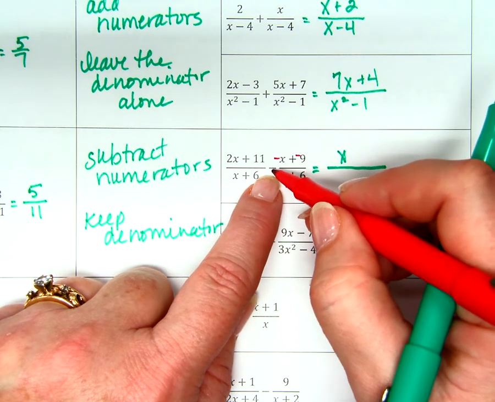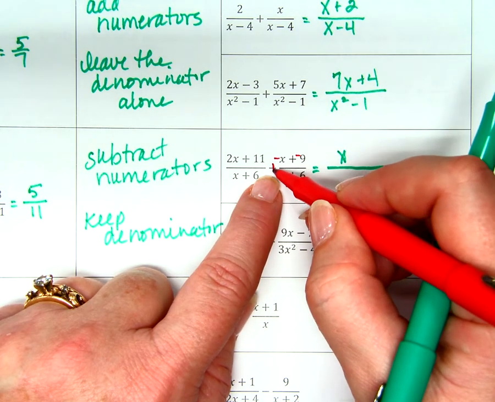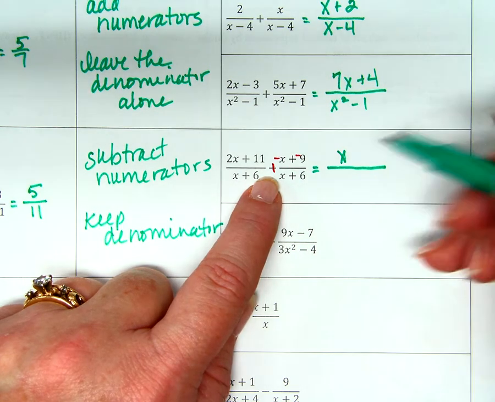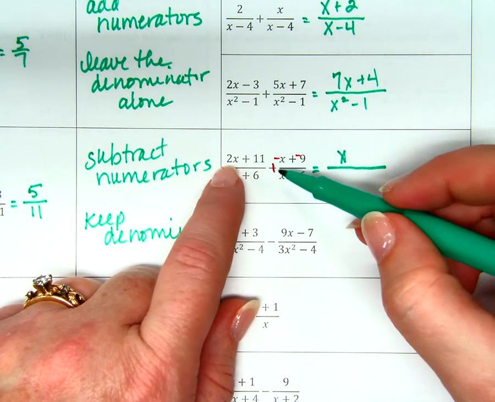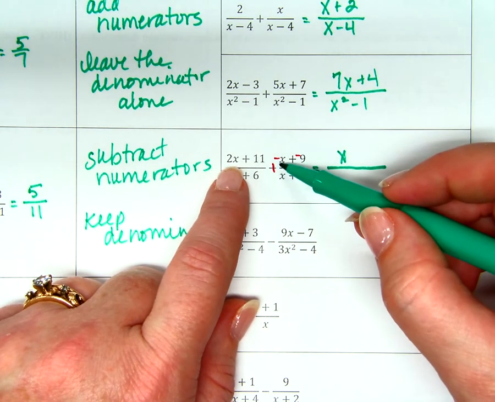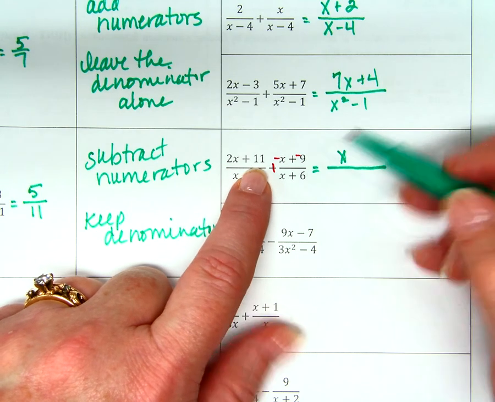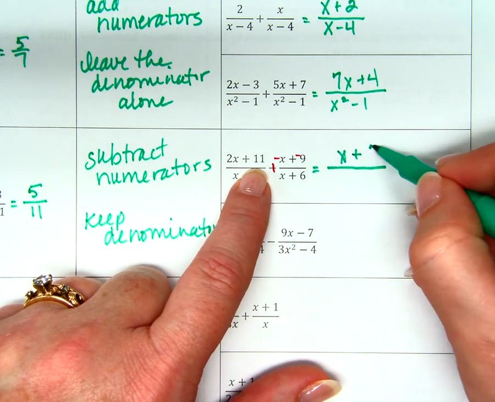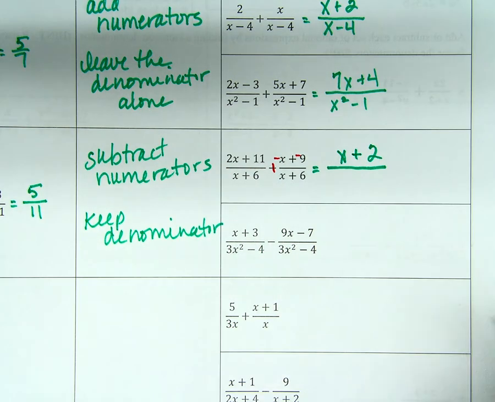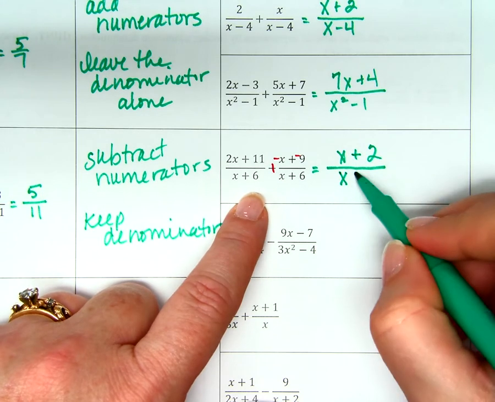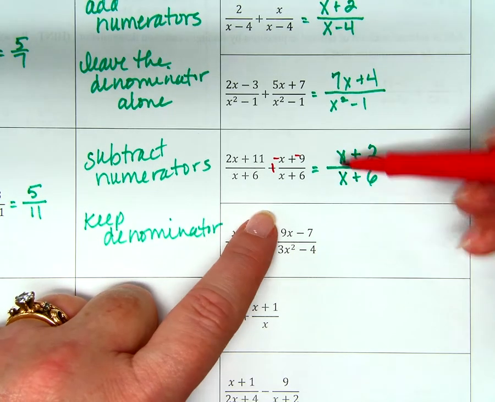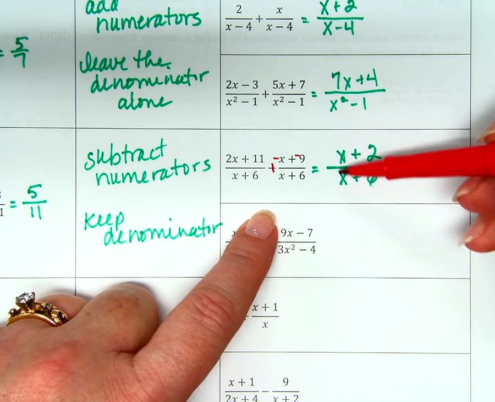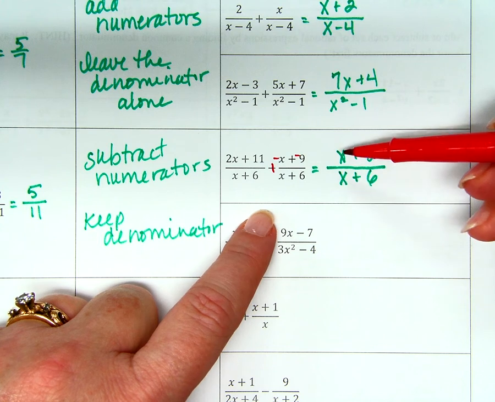If I do that, what kind of problem is it now? It's an addition problem, isn't it? Okay? Now, isn't that a lot easier? Positive 2 and negative 1, that's x. Positive 11, negative 9, that's 2. Over. So now I can cross out the x's. Can't I?